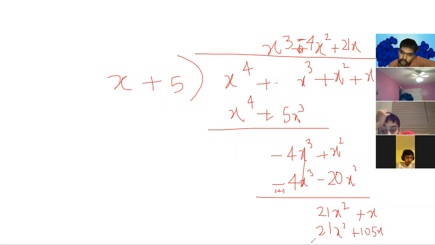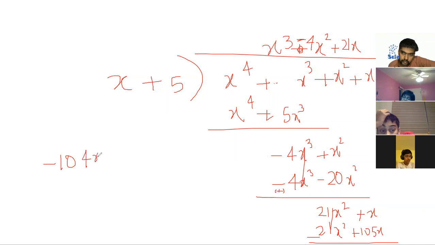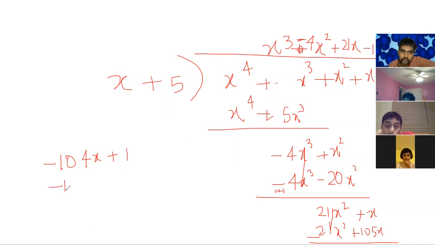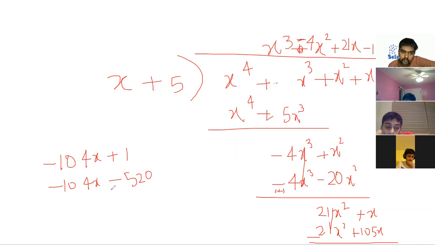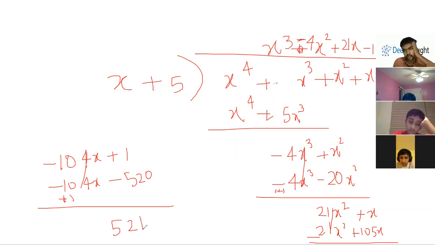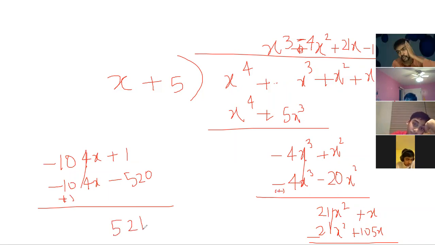Yeah, you would have to do it times 21x and then negative 104x. If you multiply them by 104, you're going to get negative. Right? Were you able to knock off the 4th power of x?